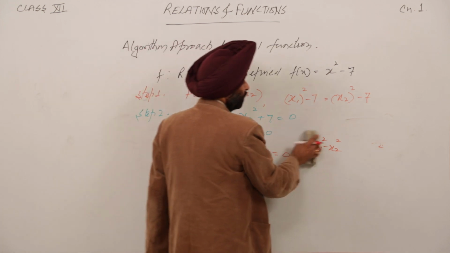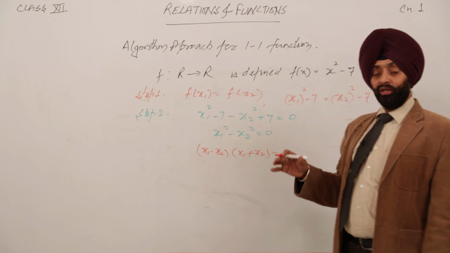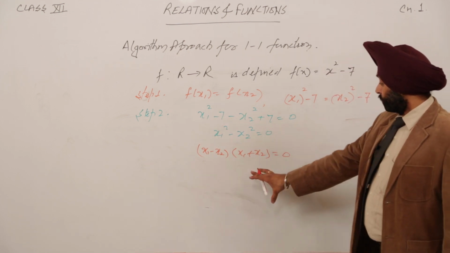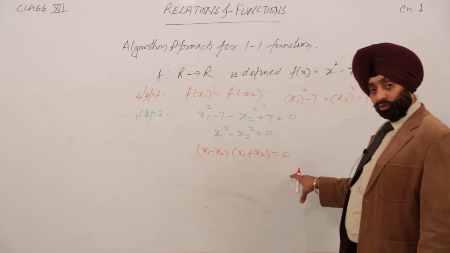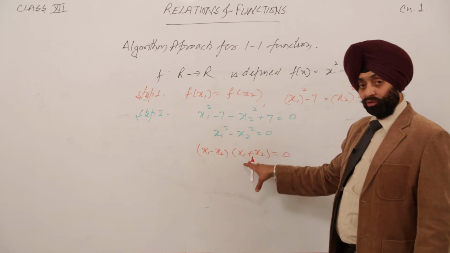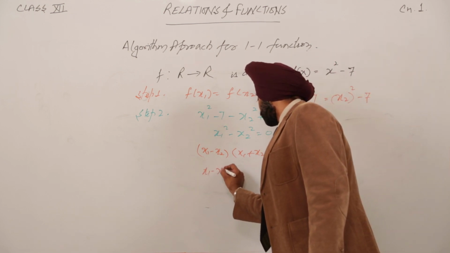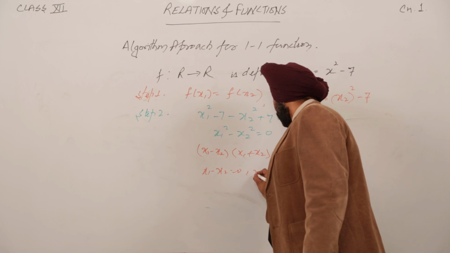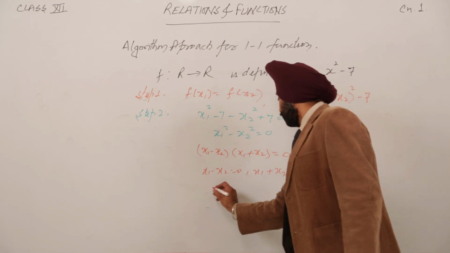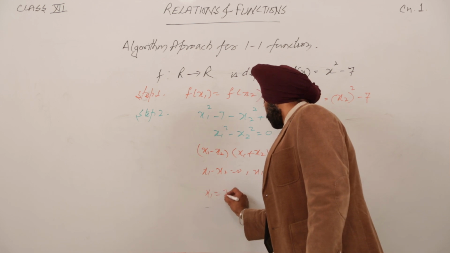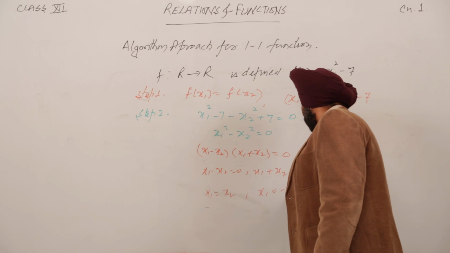The identity for a square minus b square is equal to (a minus b) into (a plus b). Now either this is 0 or this is 0 or both are 0. So we write x1 minus x2 is equal to 0 and x1 plus x2 is equal to 0. Here we have x1 is equal to x2 and here we have x1 is equal to minus x2.